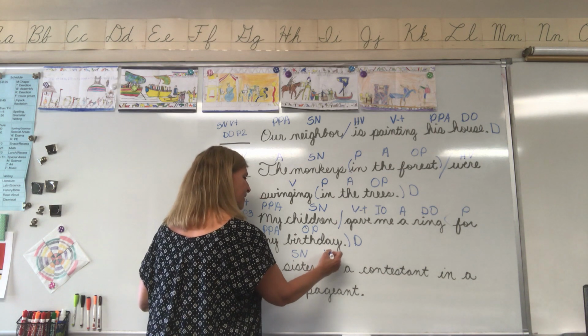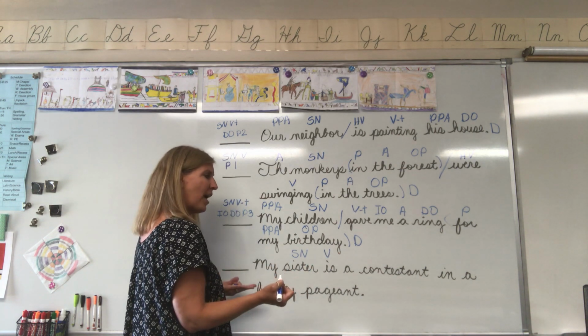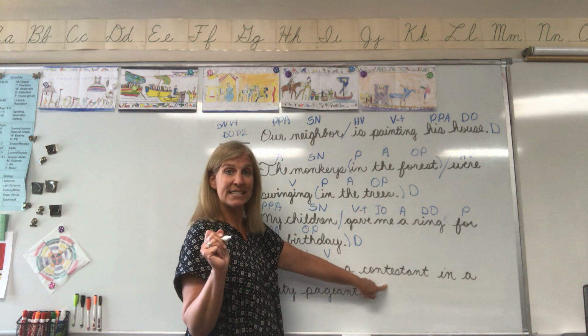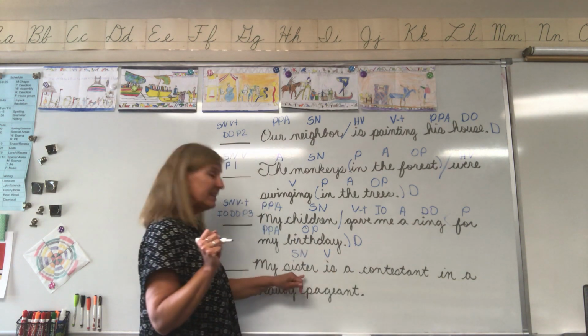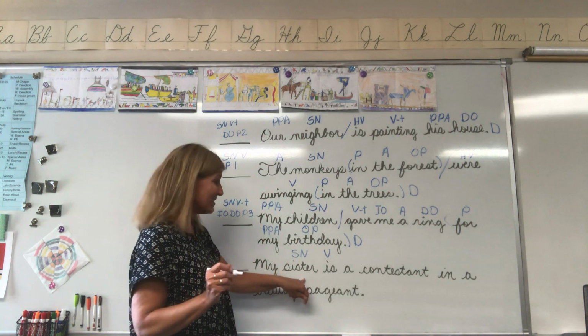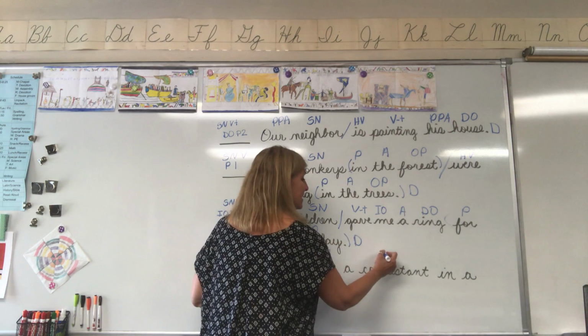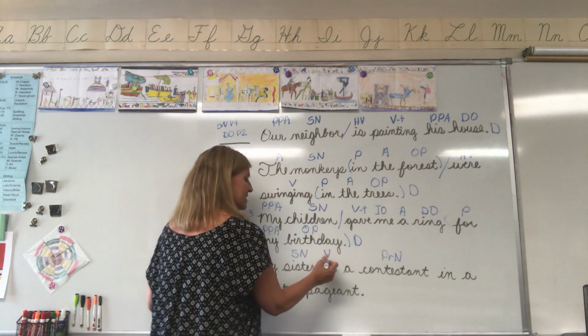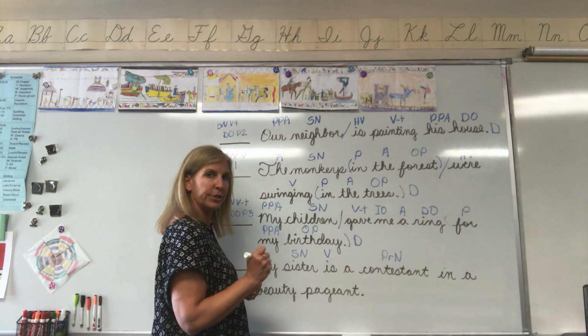Sister is, verb. Is what? Contestant. In this sentence, does contestant mean the same thing as sister? Yes, it does. That means contestant is a predicate noun, and is what kind of verb?